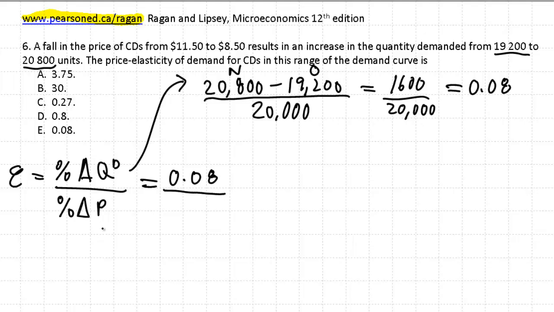0.08. Okay, let's focus on the percentage change in price. So price fell in this case, from 1150 to 850. So 850 is the new price, so that goes first. So it's going to be 850 minus 1150. And again, for the average of two numbers, because that's in our denominator, add them up and divide by 2.